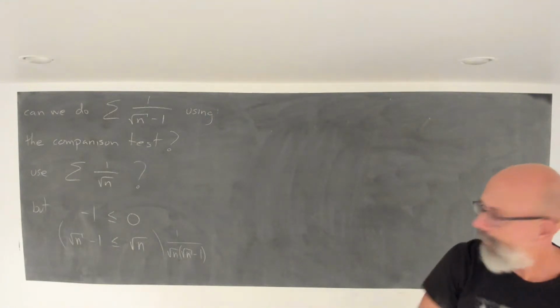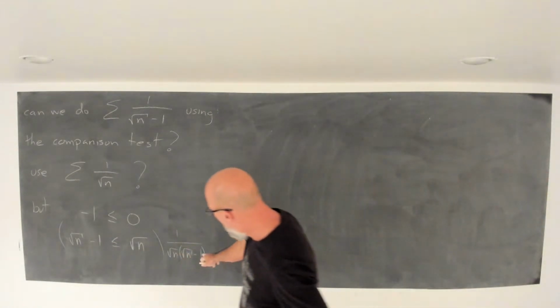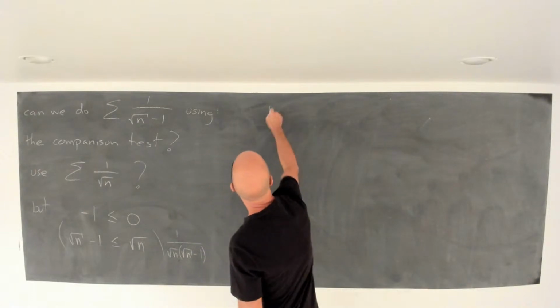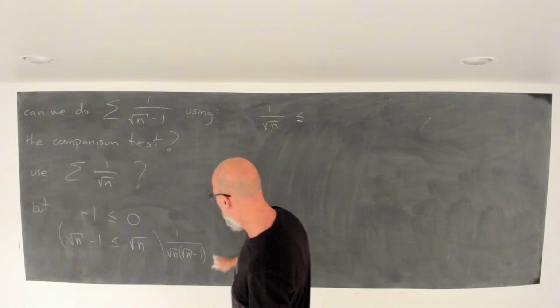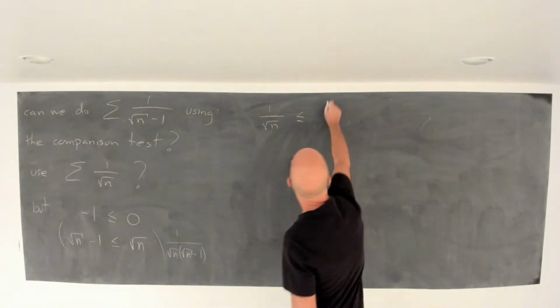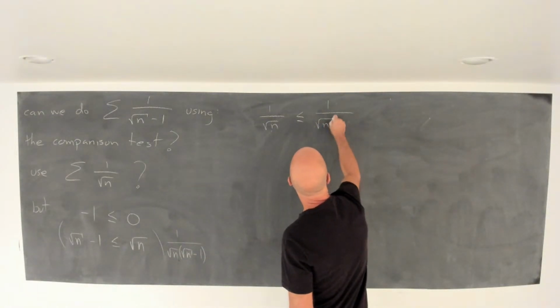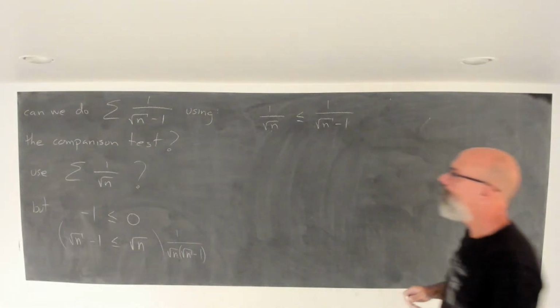You get 1 over root n is less than or equal to 1 over root n minus 1.